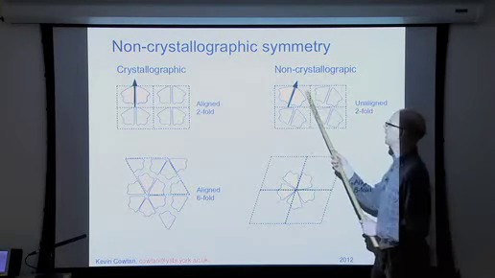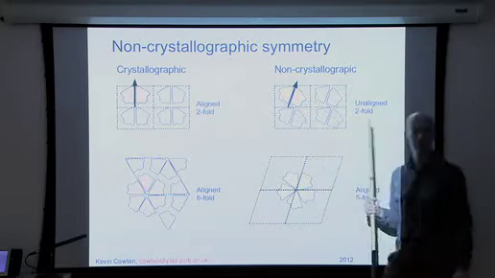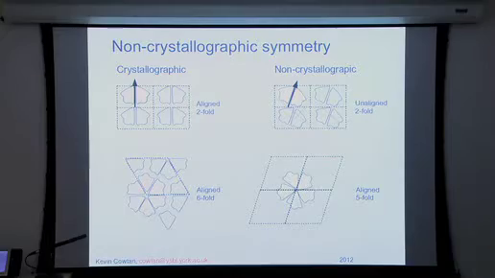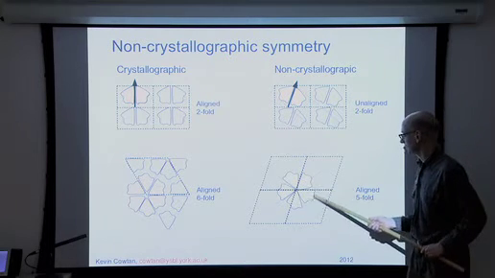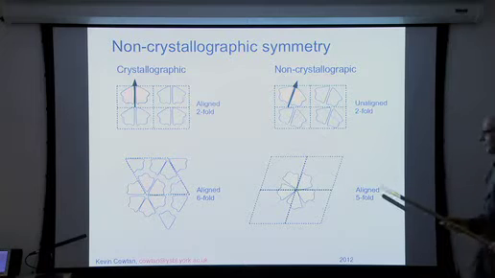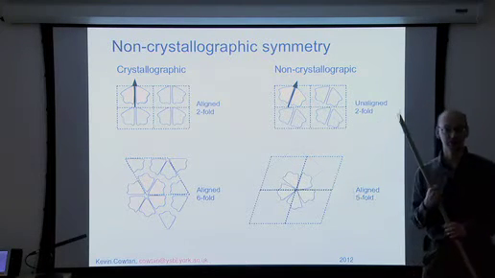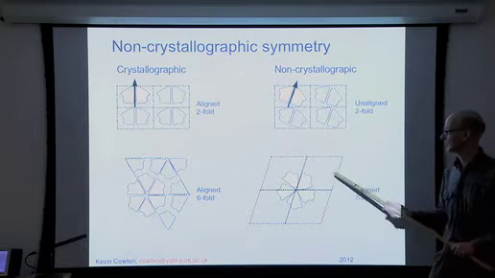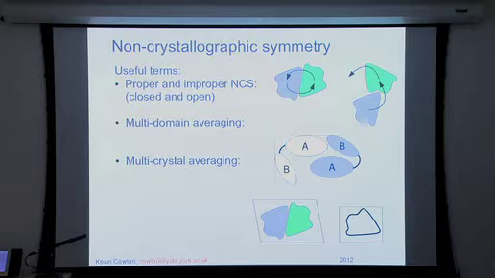So it's only obeyed over a limited region within a single asymmetric unit. So it's a local symmetry within the asymmetric unit and doesn't match over the whole crystal. So here's another example, a five-fold axis that must be non-crystallographic because there's no way a lattice can contain a five-fold symmetry. So non-crystallographic symmetry is local, crystallographic symmetry is global.